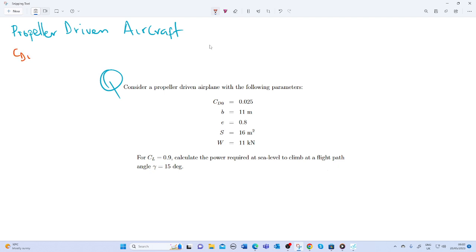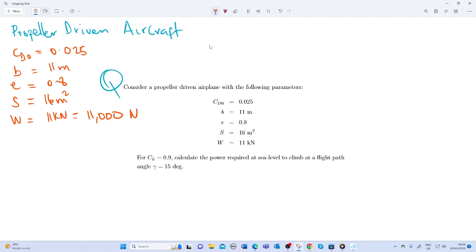We're given the CD0 0.025, the wingspan 11 meters, horsepower efficiency factor 0.8, the wing area S 16 meters squared, the weight of the propeller aircraft 11 kilonewton, the coefficient of lift for the flight 0.9.